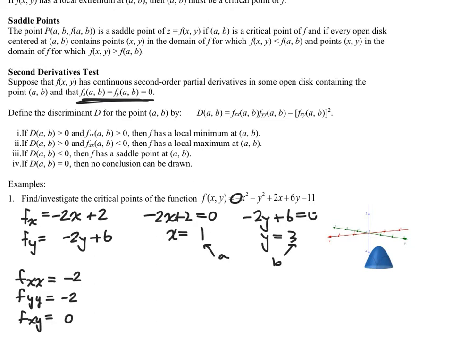So when you get to this part in the process, before you even write the formula out, you would say, okay, non-zero values for f sub xx and f sub yy, good, then this technique is going to be fine. If either of these two are equal to 0, then this product becomes 0, and if this second order mixed partial is equal to 0, then the whole thing zeroes out.